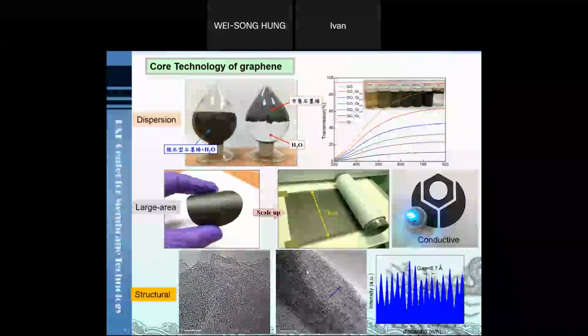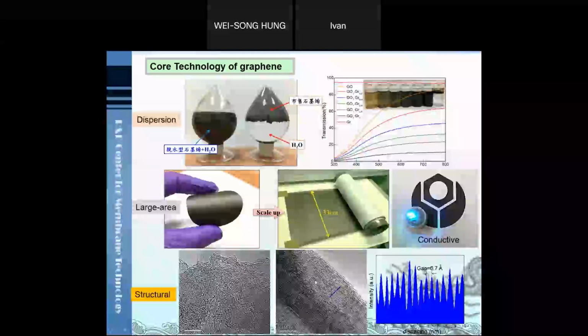We can prepare the graphene layer that has a highly ordered laminar structure or a random structure. Both have their own applications. For separation or desalination, the highly ordered structure is good. But the random structure may be used for supercapacitors and some battery applications.